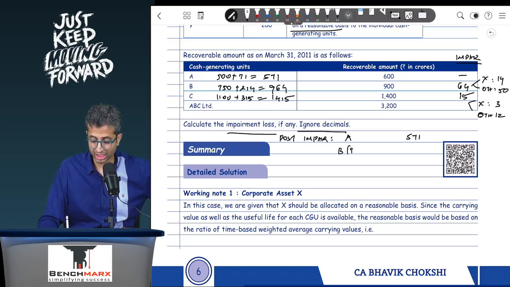CGU B will appear at 964 minus 64 of impairment, so this will appear at 900. CGU C will appear at 1415 minus 15, and hence this will appear at 1400.